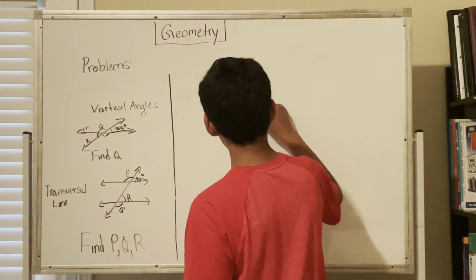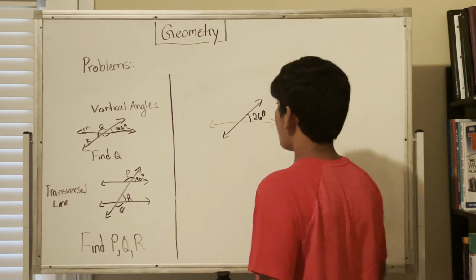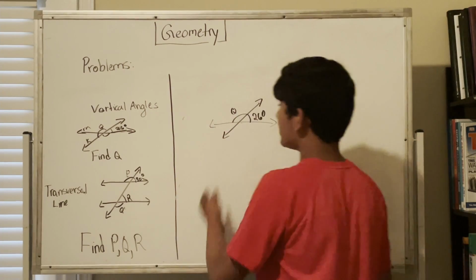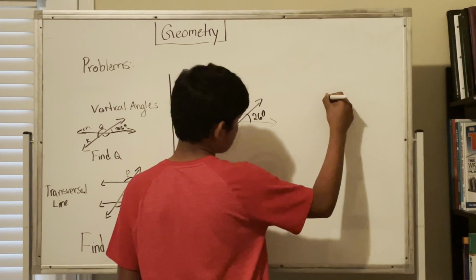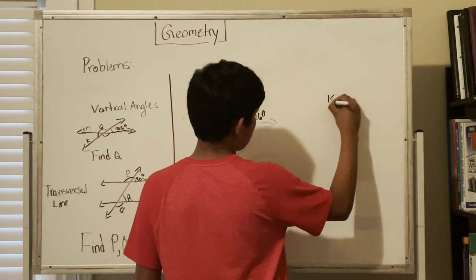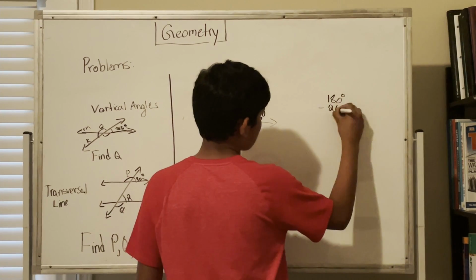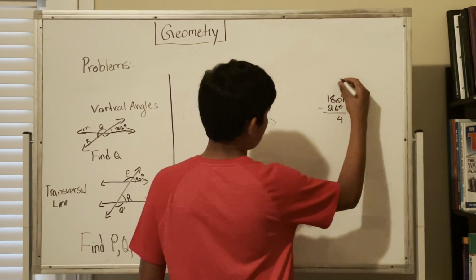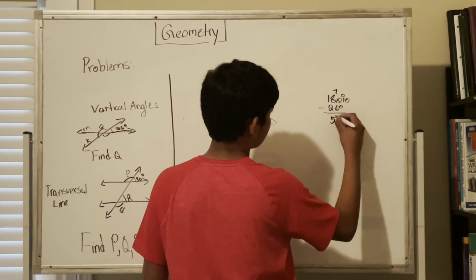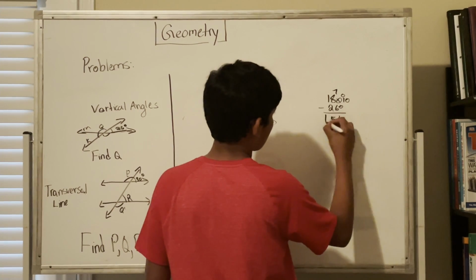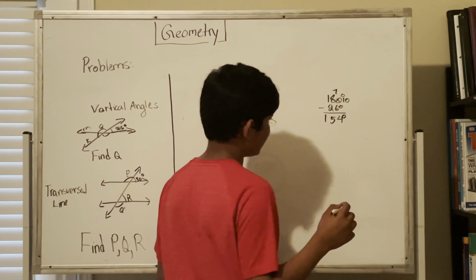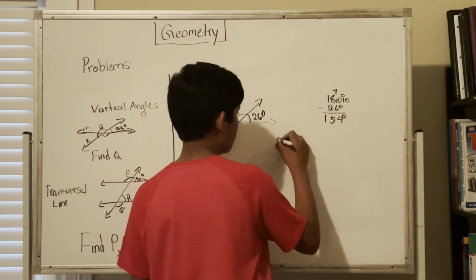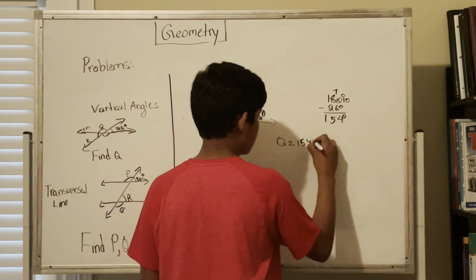If this is 26 degrees, we can find angle Q by finding the supplement of this. Well, 180 degrees minus 26 degrees is 154 degrees, which means that Q is equal to 154 degrees.